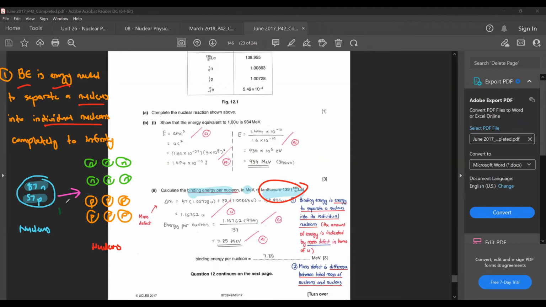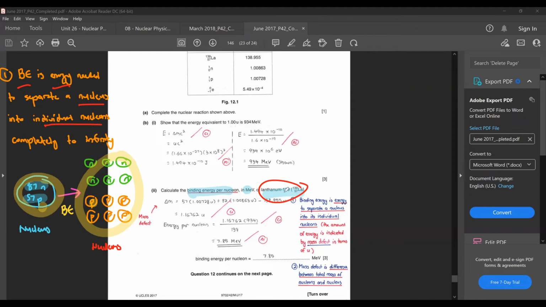Wait, let me use a different color. Binding energy is the energy that you have put in to separate this nucleus into the individual nucleons. Okay, you're going from left to right here. What is the amount of energy that you have put in order to break apart the nucleus into the individual nucleons? That one is your binding energy in the first place.